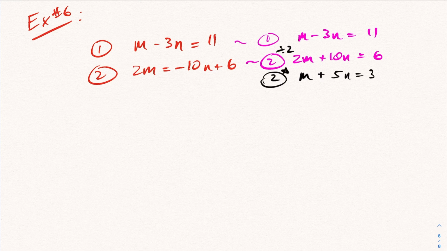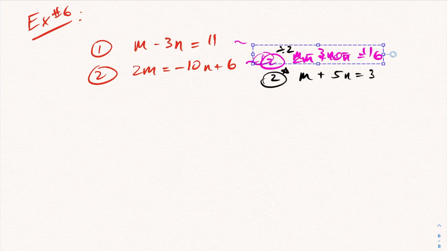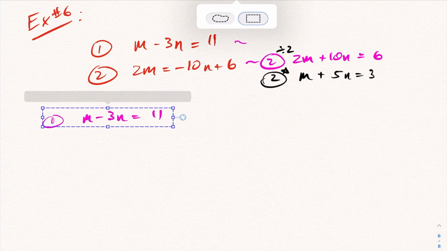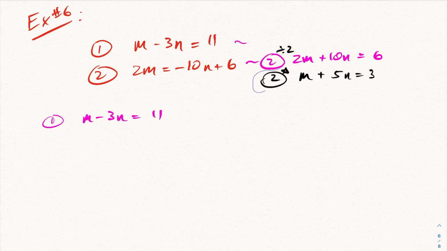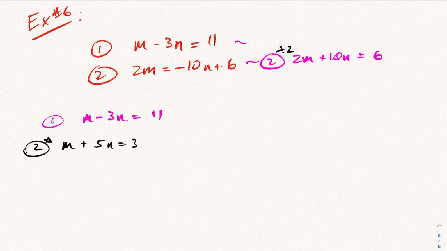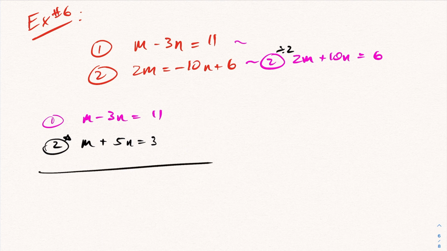Let's label that 2 star here. So now if we take a look, I've got equation 1, and I've got my adjusted equation 2, and you can see here this is a perfect setup for elimination. I can subtract these two. The m's will cancel. I'll be left with negative 8n equals 8, in which case n is negative 1.